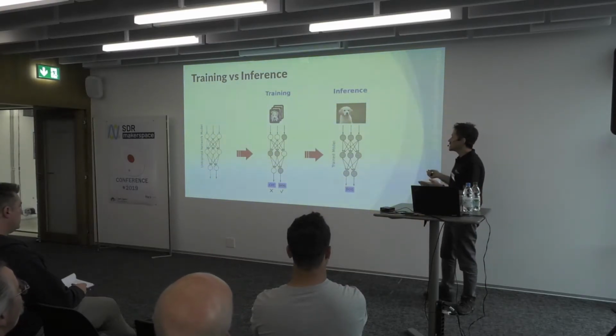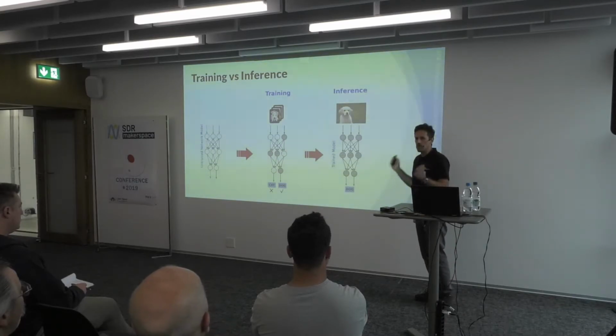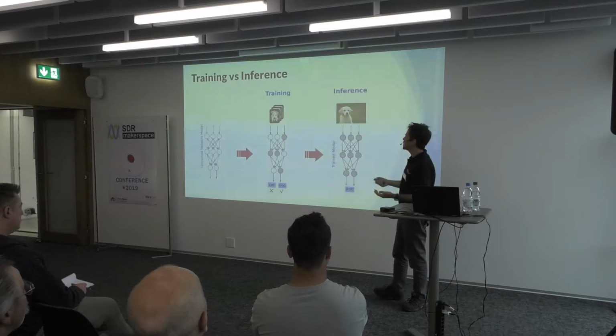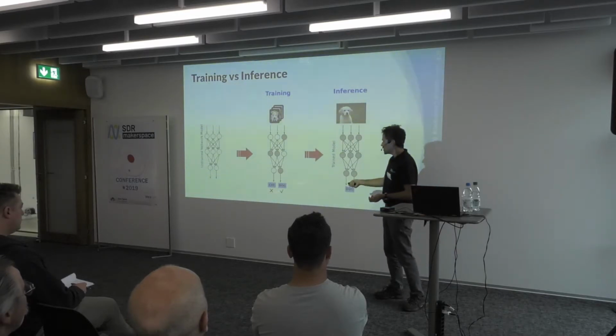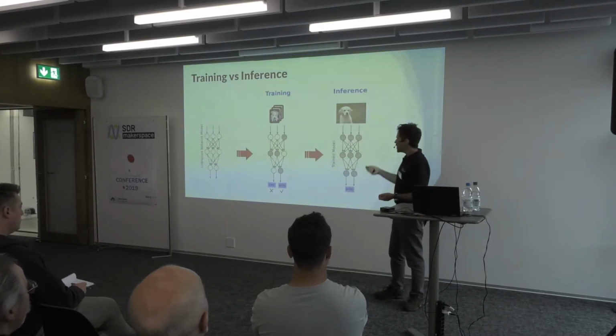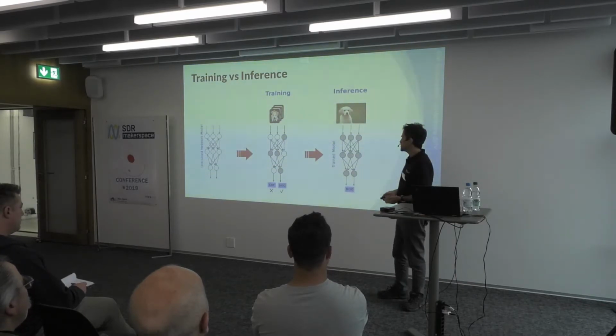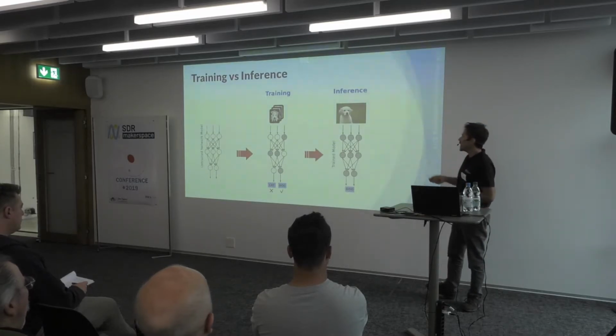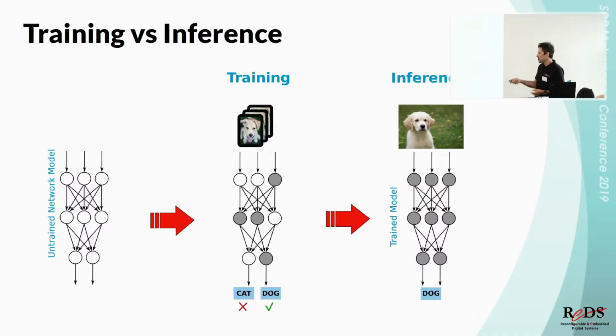Let's use the image example, probably one of the easiest. You start with a lot of images of nice pets, maybe already classified, and then you go through this process. This is a very statistical process, so there are many algorithms to do that. And then you find out the right weights to use in your model to be able to classify another image never seen before as a dog, for example.